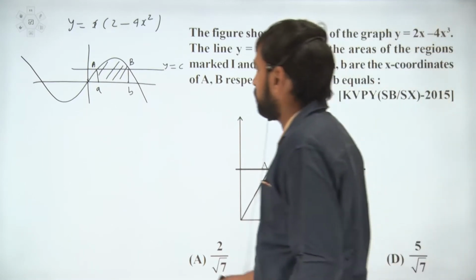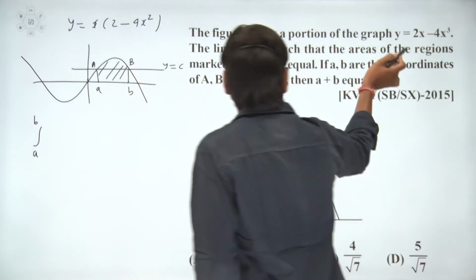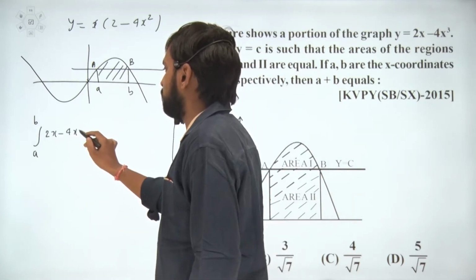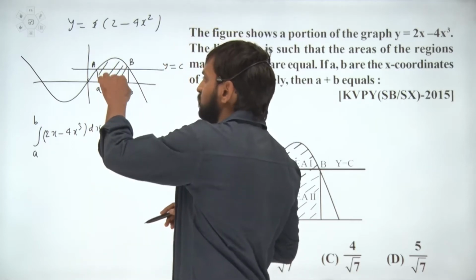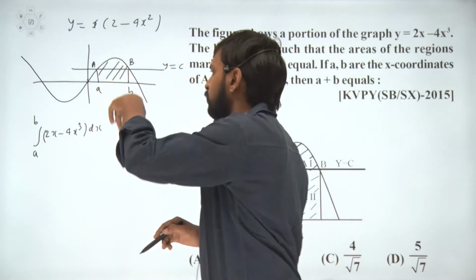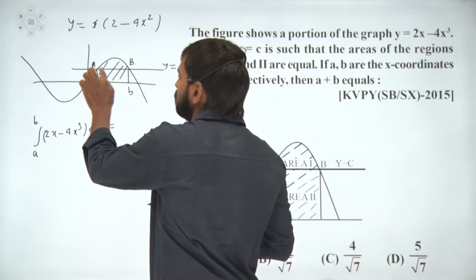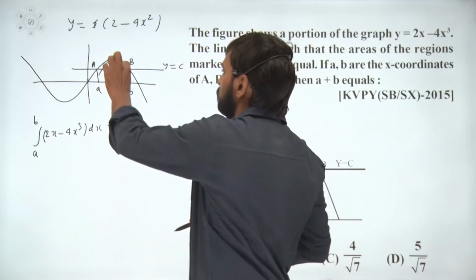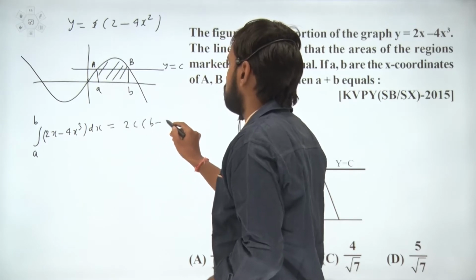So from here we can say the integral a to b of f(x) dx will be equal to the dark area, that dark portion area. So that will be equal to the area of this rectangle, c into b minus a, but these two are equal, so we can say 2 times c into (b minus a).